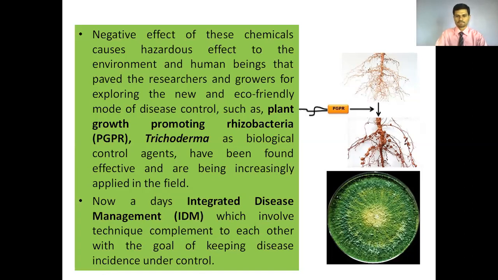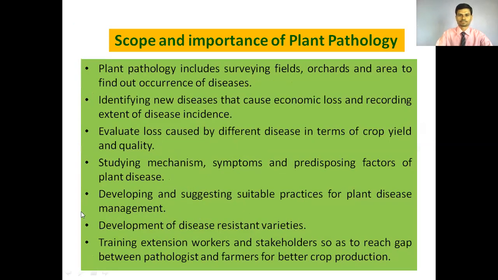Combined, these practices are called integrated disease management. That's why the term complement is used. The techniques complement each other with the goal of keeping disease incidence under control. Here we can see the PGPR, and this is the pure culture of Trichoderma fungus in the petri plate.